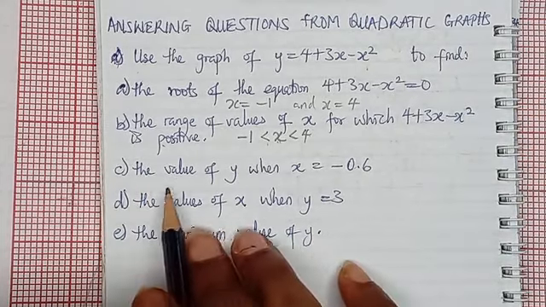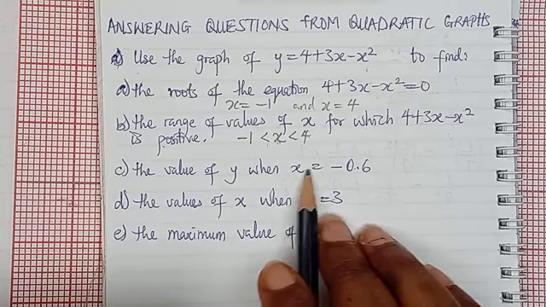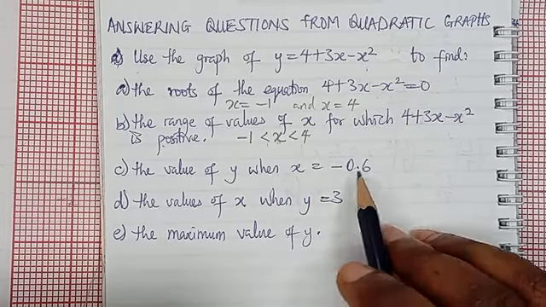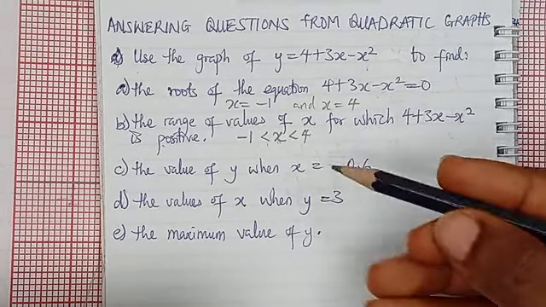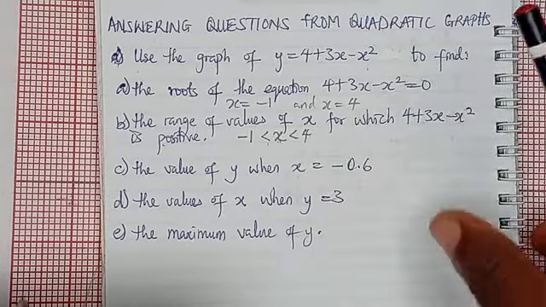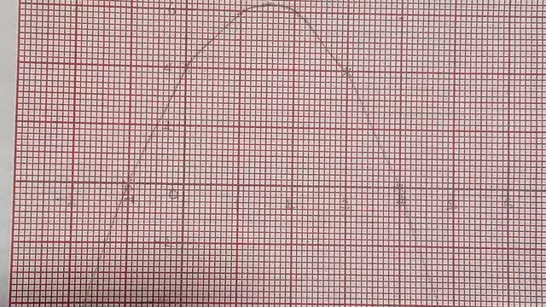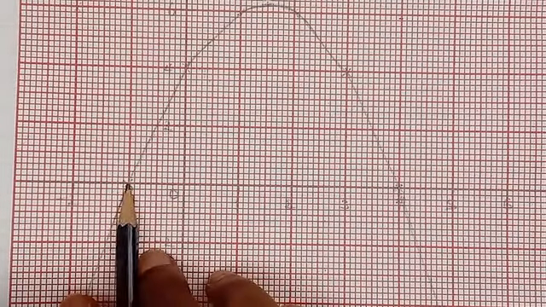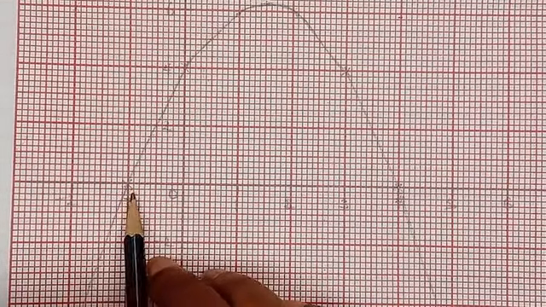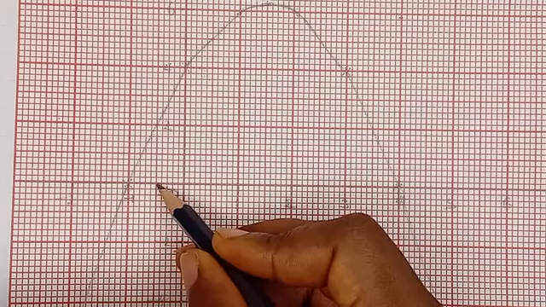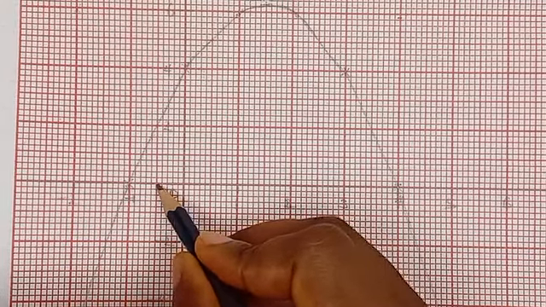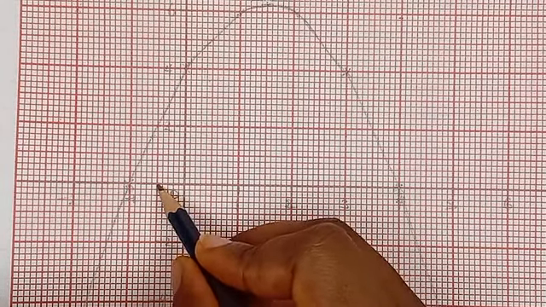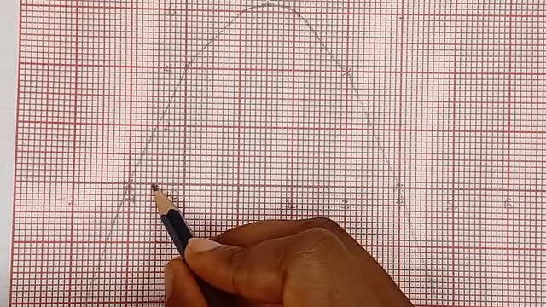Okay, the value of y where x is equal to minus 0.6. We have to go to the x-axis and look for negative 0.6. So this is the x-axis, negative 0.6, that's before minus 1. We have that this is minus 0.5, all these intermediary lines, so 0.6 is just the very next one.